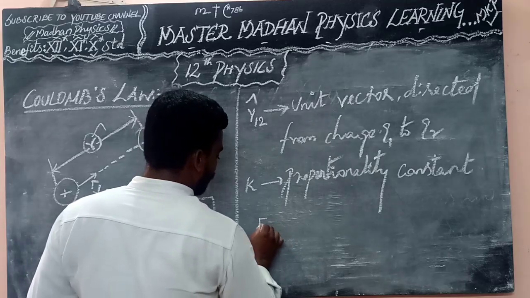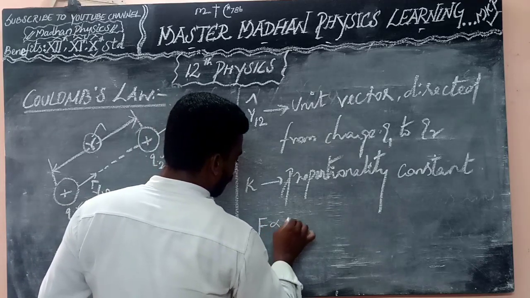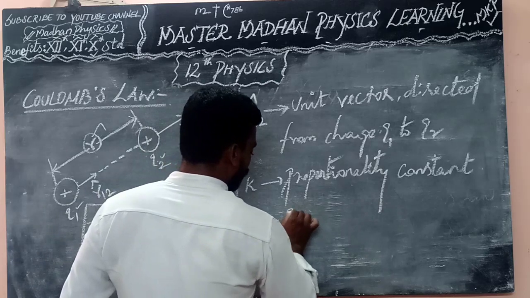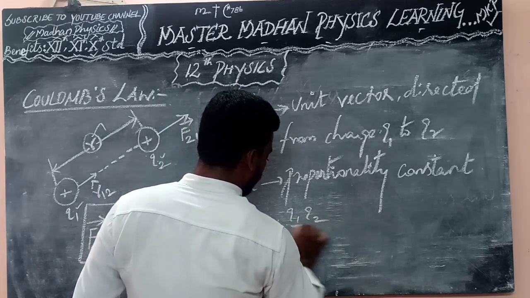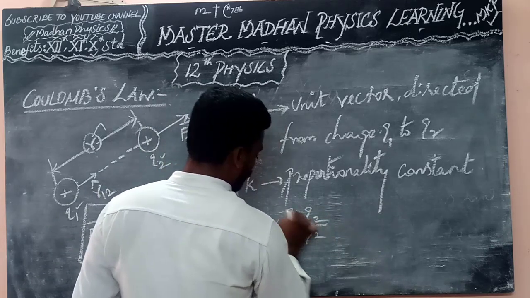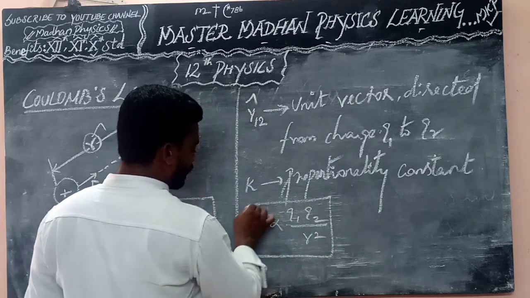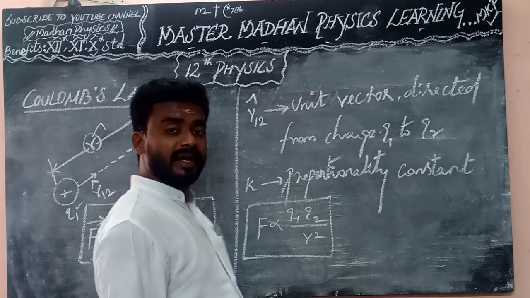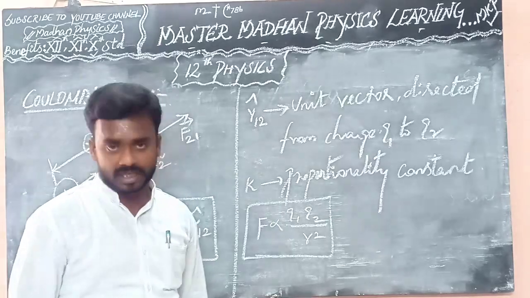I am writing F is directly proportional to Q1 Q2 by R square. Like this, we simply represent it to form the statement of Coulomb's law.